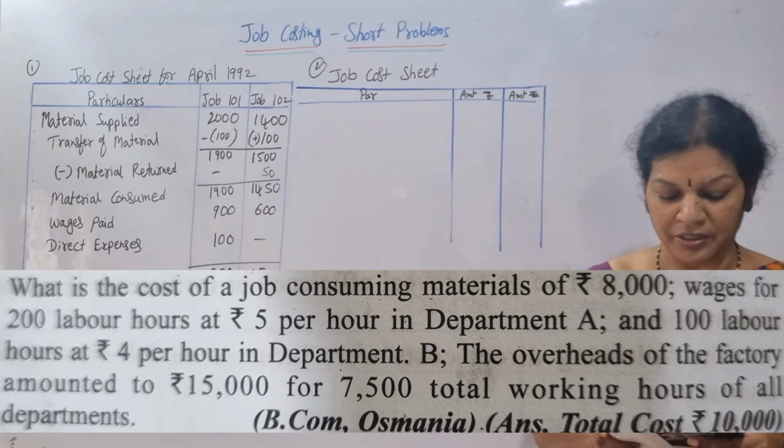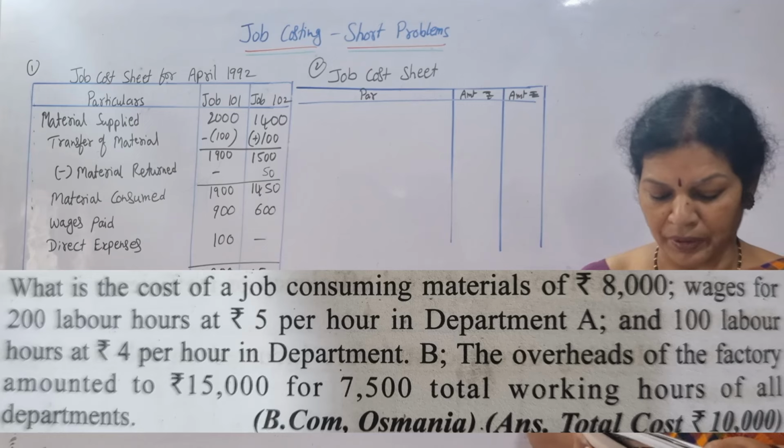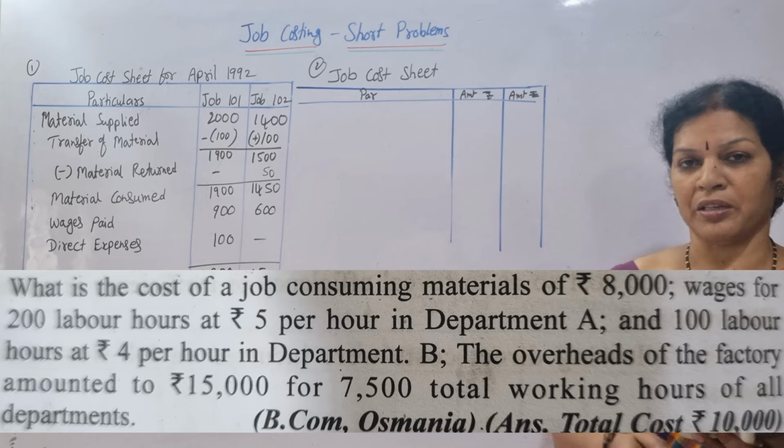We'll calculate that later. Now the overheads of the factory amounted 15,000 for 7,500 total working hours of all departments. Overheads also we need to calculate.